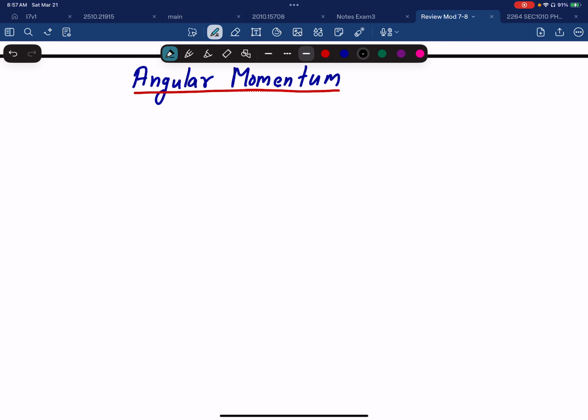So the angular momentum definition is the radius cross momentum, which is r p sine theta. So if you have an axis of rotation and you have an object which is going at a speed in a certain direction, okay, so the radius is this, and this is the angle. So the angular momentum is r p sine theta.